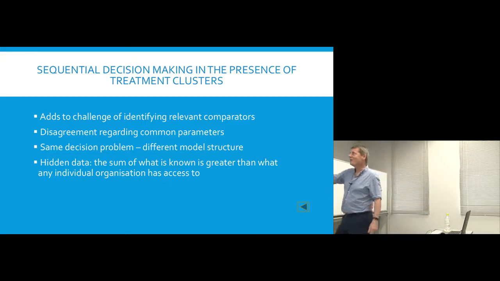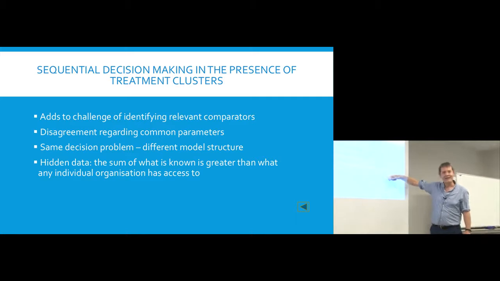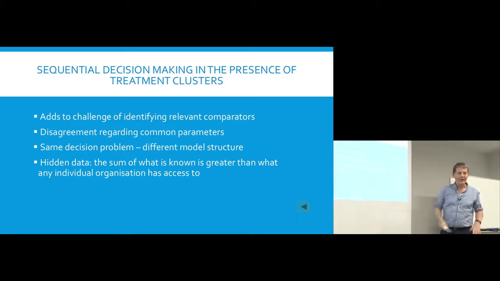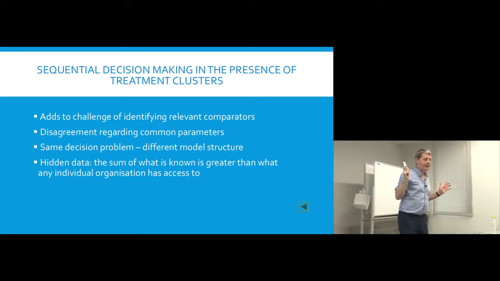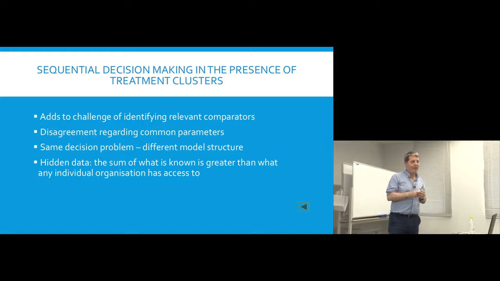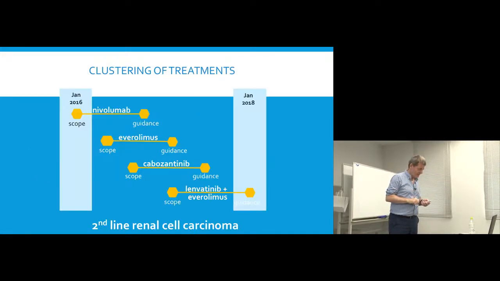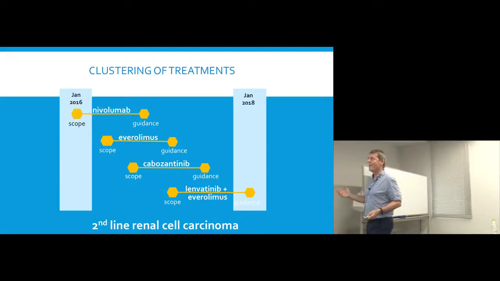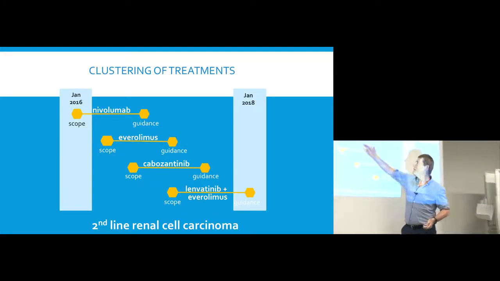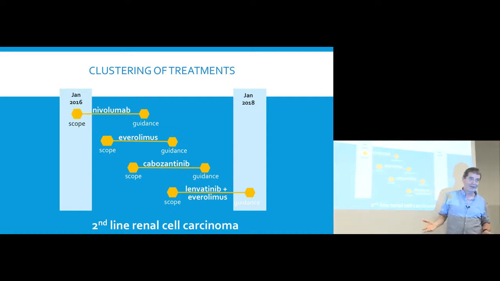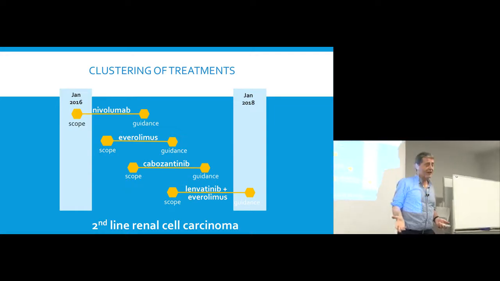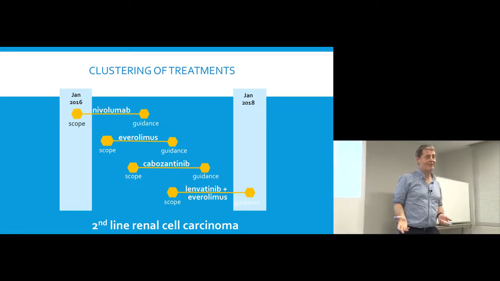And then, in some ways, the saddest element is this hidden data. The sum of what we know about these drugs is much greater than what any single appraisal knows about the drugs. So the manufacturers, for good commercial reasons, are not sharing information with each other.